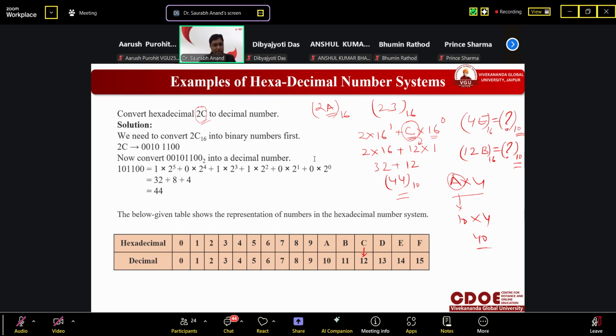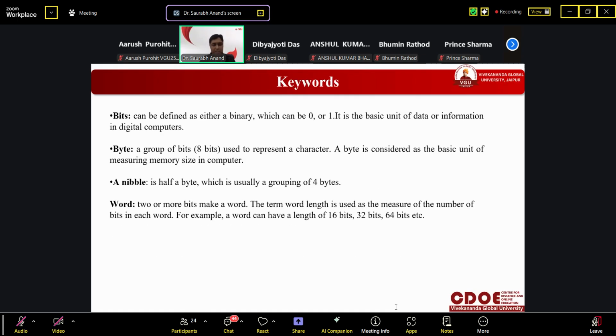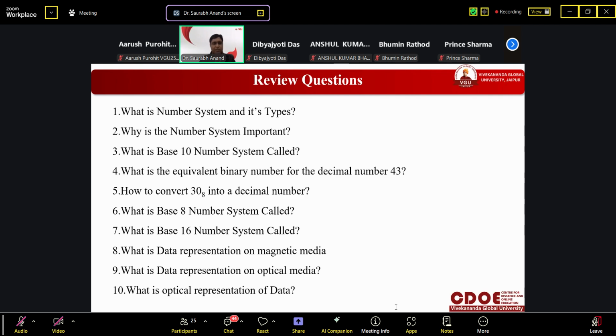So this is the summary that we have understood all these things. What is data? What is a representation? What is analog? What is binary? We have discussed about all the number system, various number systems. These were the keywords that we used, bits and bytes. And these are some numerical questions that we have already discussed in between.